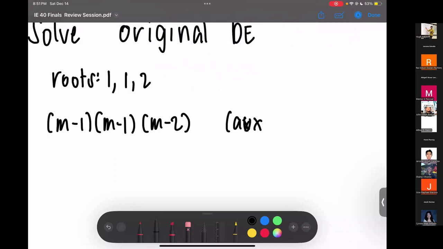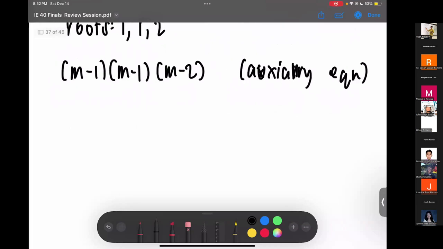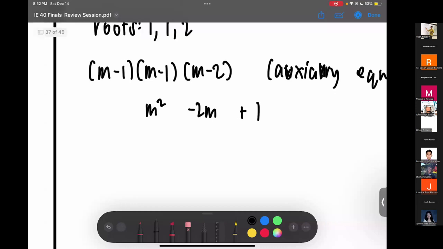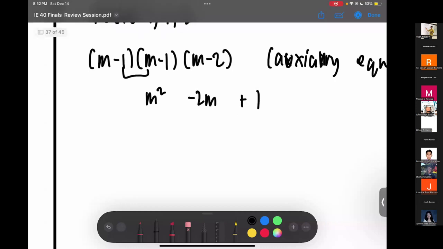So now, what we want to do is just expand that fully so that we can get the actual equation. So this is just a matter of algebra. So I'll just show it in full here. So this is just multiplying these together, you get this.